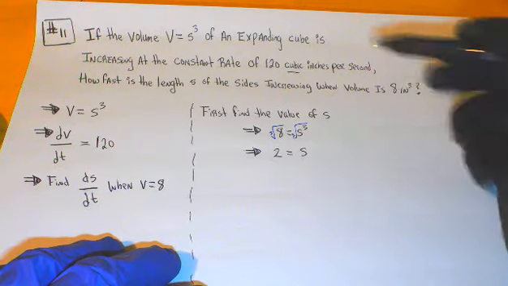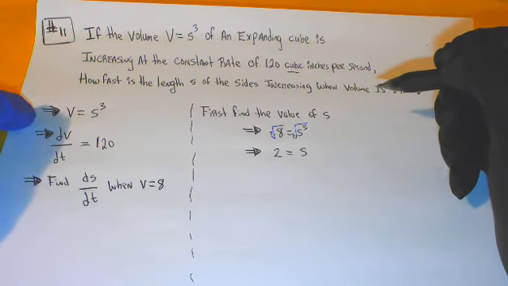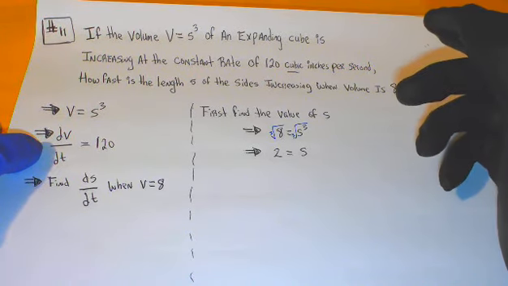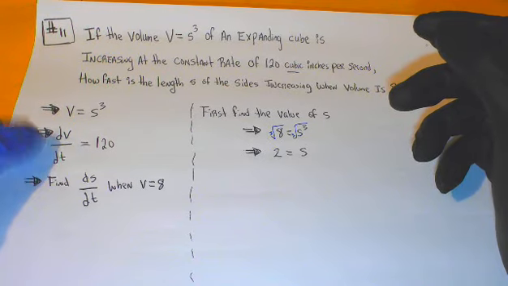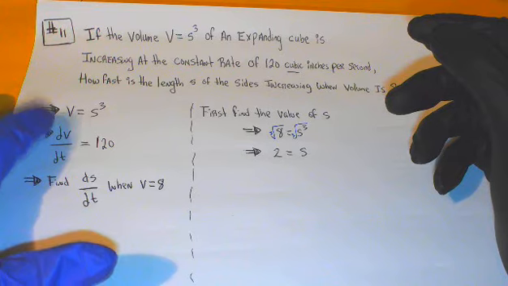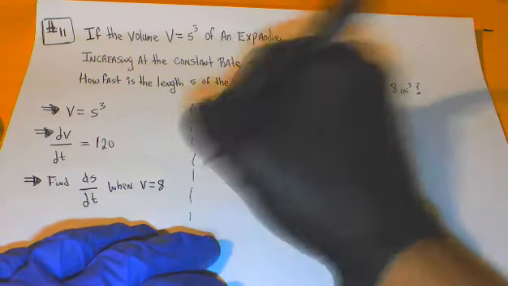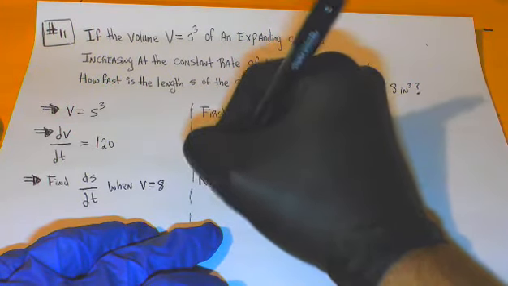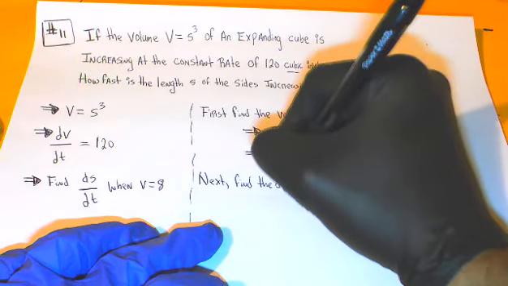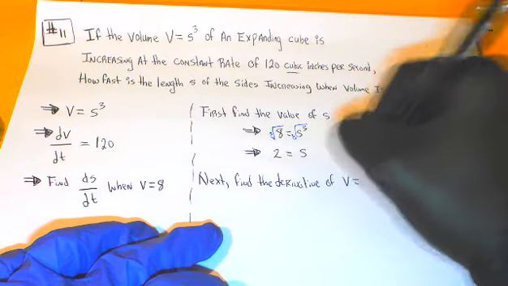So now we're going to apply our one step of calculus. We want to create an equation with a relation between the rate of change of volume and the rate of change of our side. That means I need to take the derivative of our given equation, V equals S cubed, with respect to t. So we're basically applying implicit differentiation here. We have d/dt of V equals S cubed.